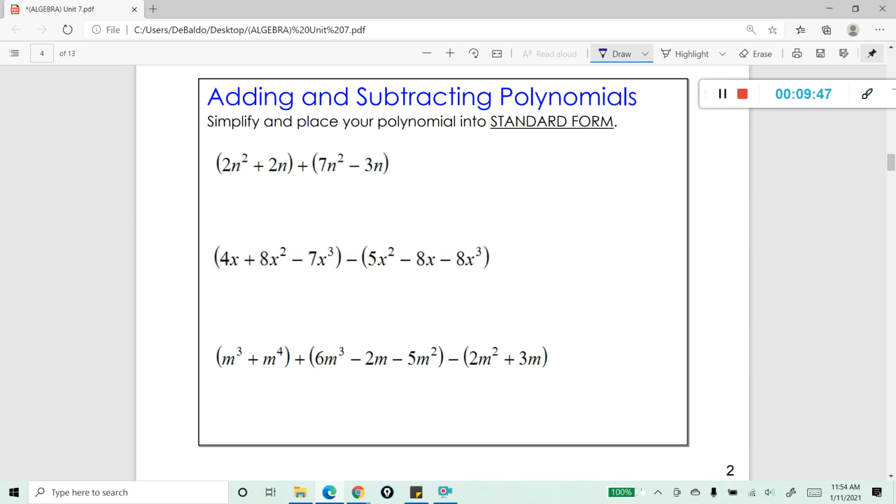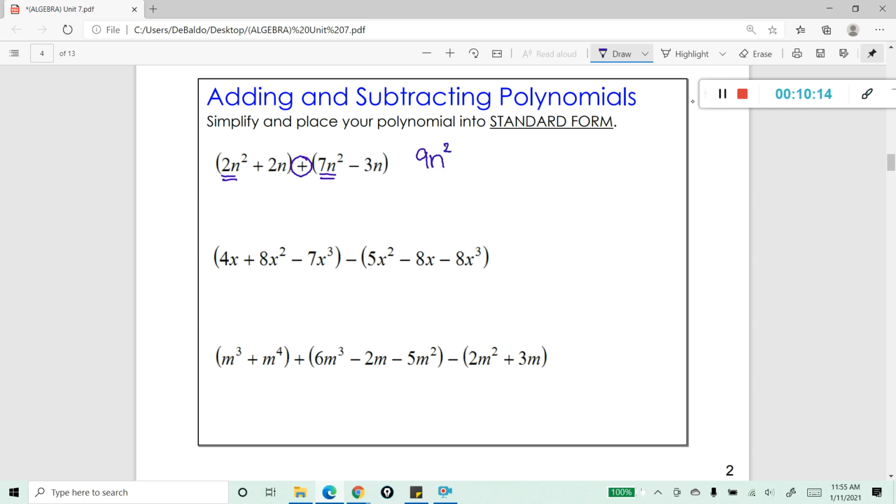So in this first one, we have a binomial being added to a binomial. So what you want to do is locate the terms that are the same in each of the quantities. So you can see here, I have 2n squared and I have 7n squared. The operation at the center is addition, so I just want to go ahead and add those two together. That's going to give me 9n squared.